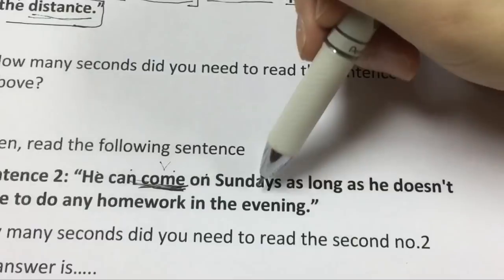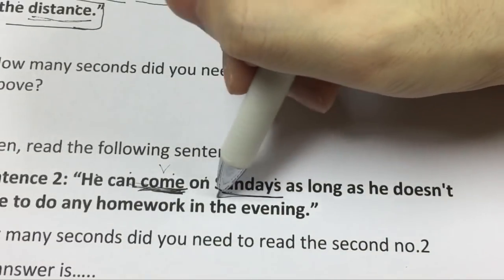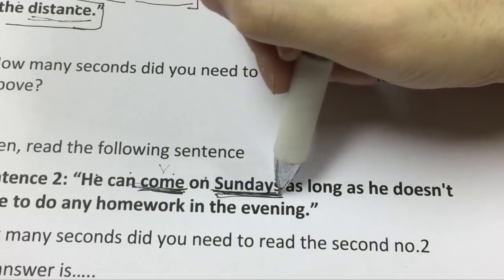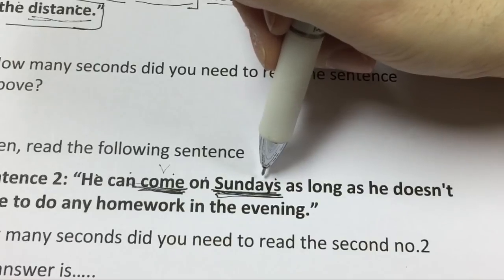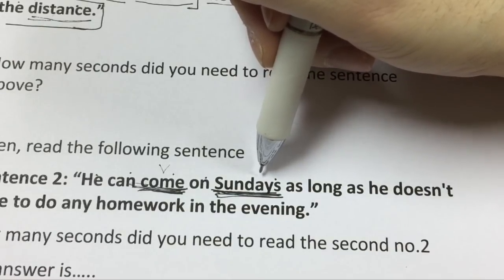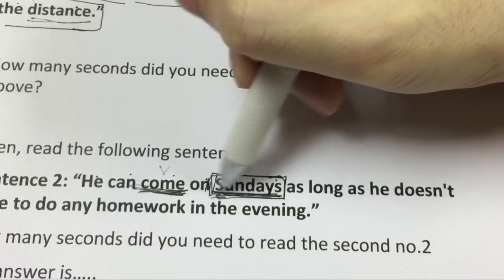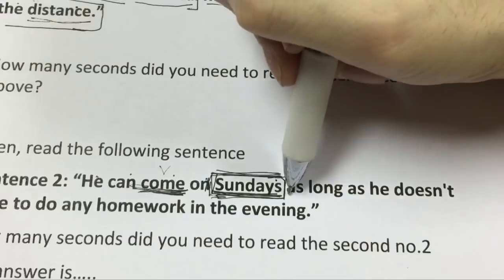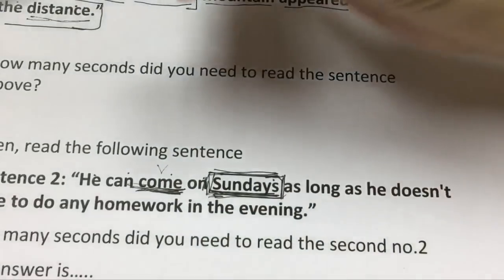On, no. Sundays, we stress this. Why? Because this is a noun, and in some sense we call it the adverb of time, because this is important information. Without this adverb of time, we don't know when we're going to meet people, right? So this is an important message.